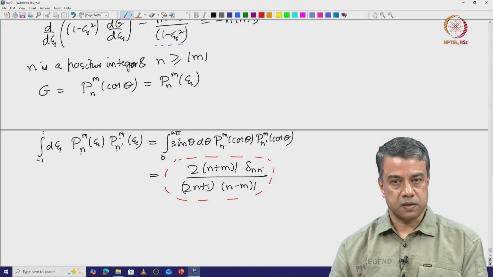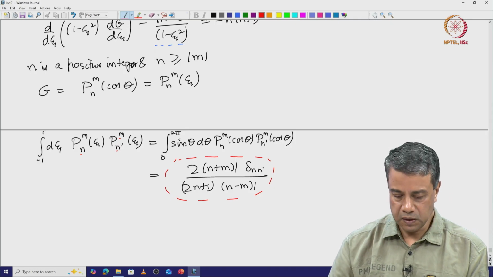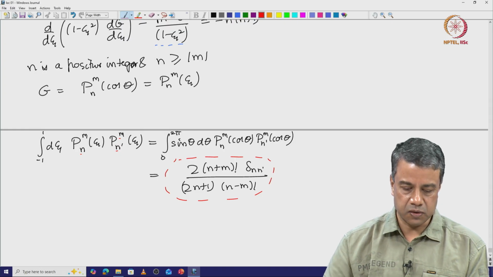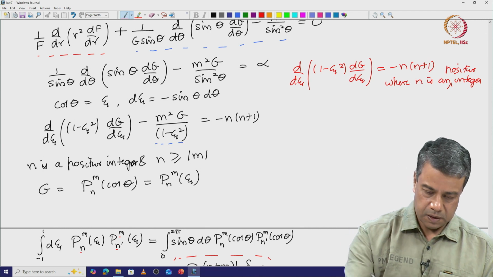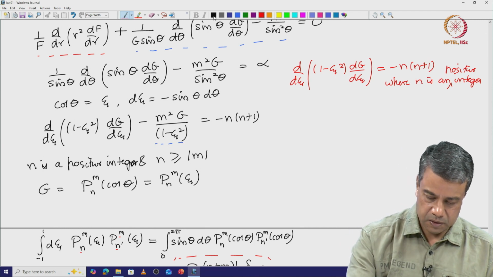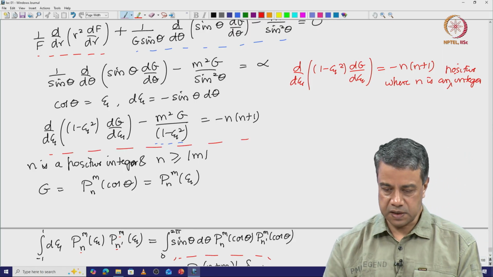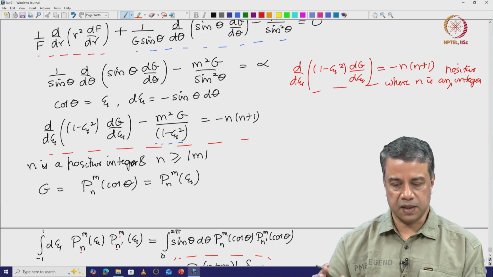So, therefore, this is the orthogonality relation for the theta direction, where P n m is the solution of this equation, just as P n was the solution of the Legendre equation with m equal to 0.